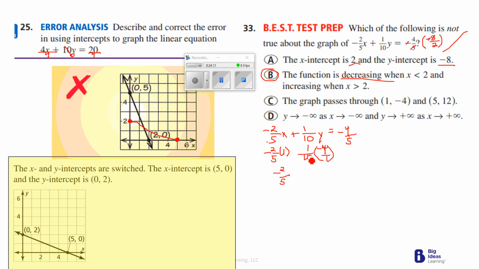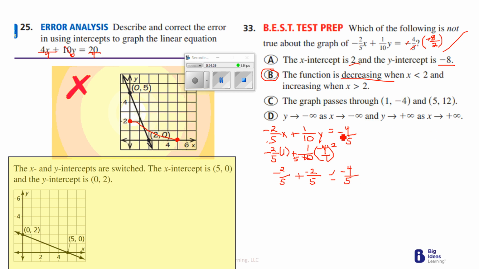I guess I can divide both of these by 2. This would give me a 5, and this would give me a 2. So this would give me, well, 1 times -2 is -2. And then 5 times 1 is 5, right? And then adding this, because this was a plus. Now a -2 plus a -2, that would equal -4 over 5. So that's true.